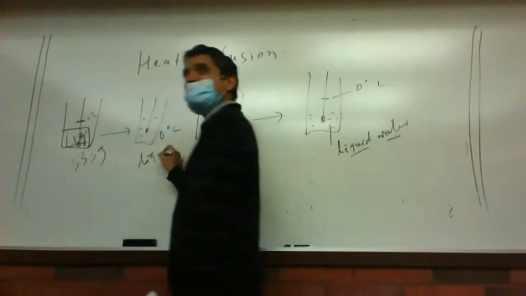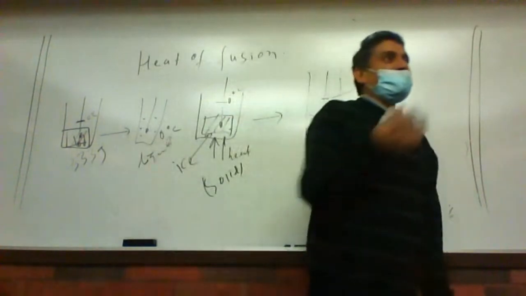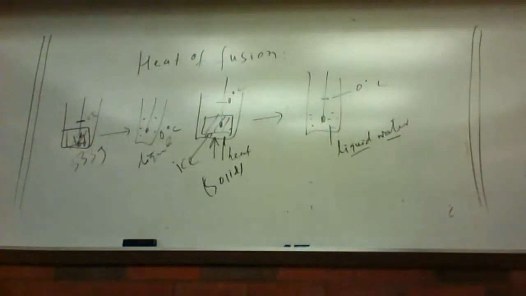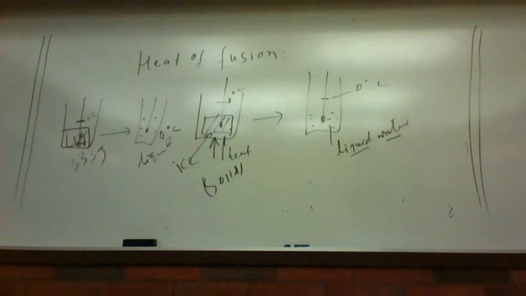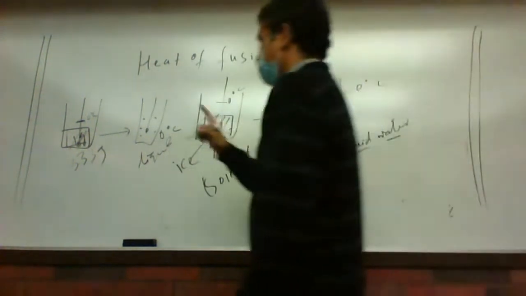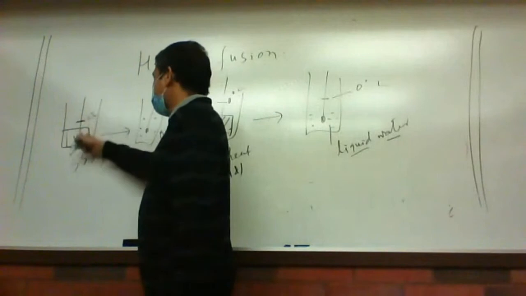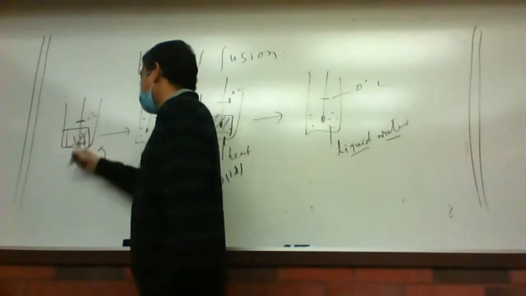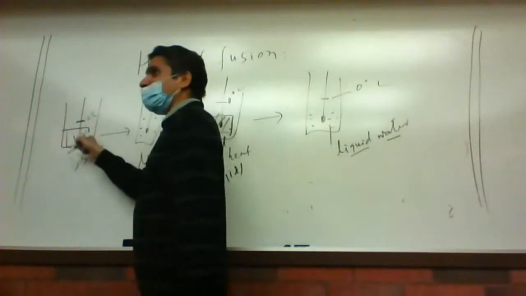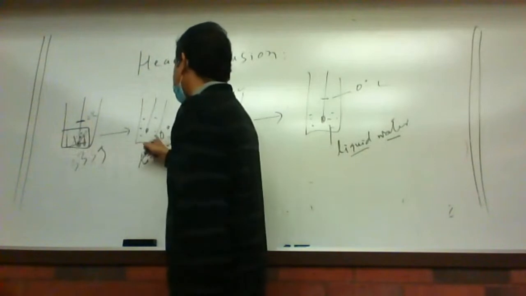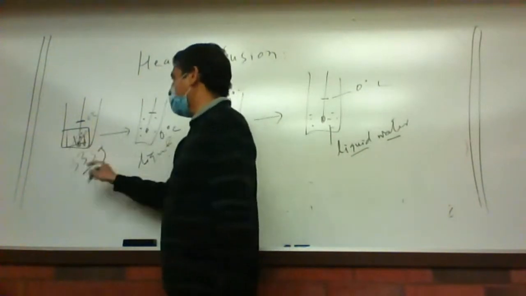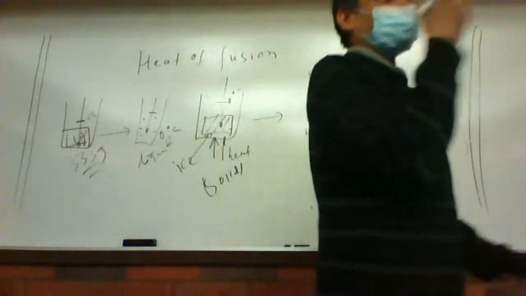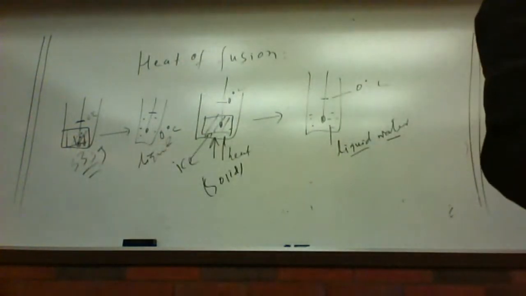So the heat of fusion of ice is 333 joules per gram. Meaning that take 1 gram of ice in the beaker, measure the temperature, that's 0 degrees centigrade, start to heat it, and all the ice melts and becomes water, and still the temperature is 0 degrees centigrade. So it absorbs 333 joules of energy for that process. Make sense? Good.